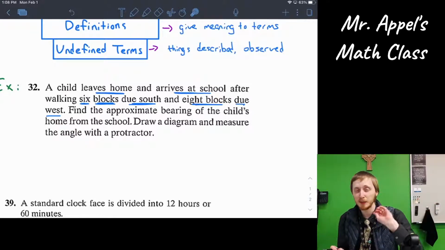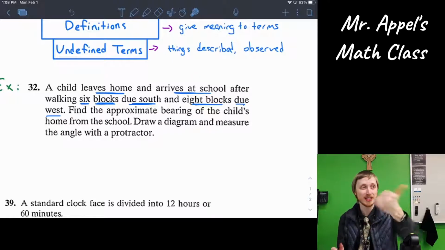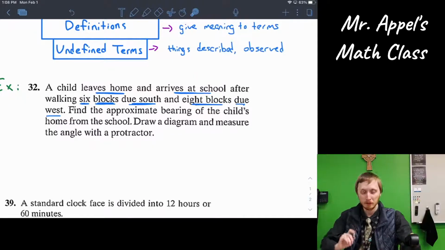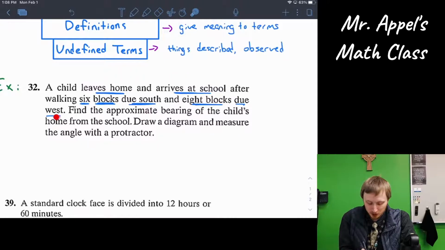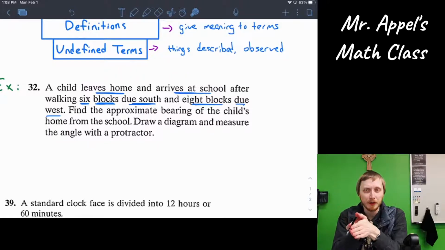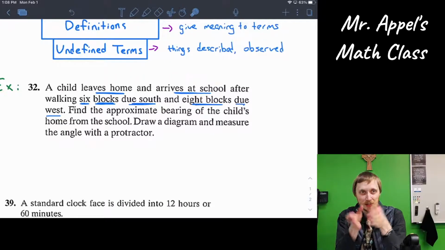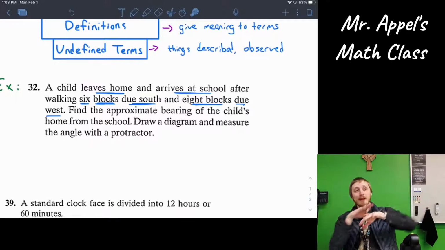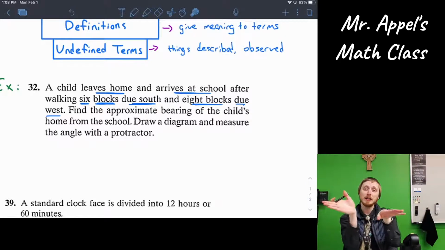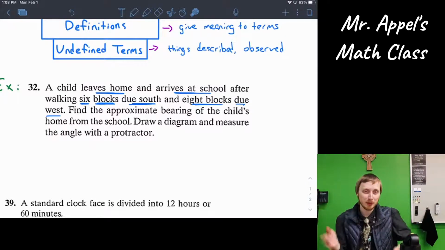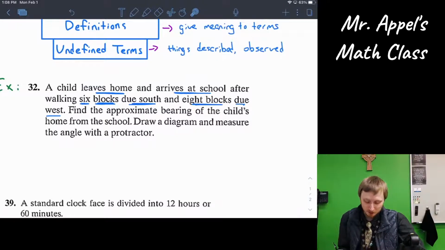That's length. That's based on the ruler postulate. So we need to understand that segments can be measured. Due south versus due west, direction, okay? Directions only make a difference in a plane setting when you have 2 dimensions, and comparing the relationship of those 2 dimensions is an angle. So the fact that you have 2 directions introduces angles.